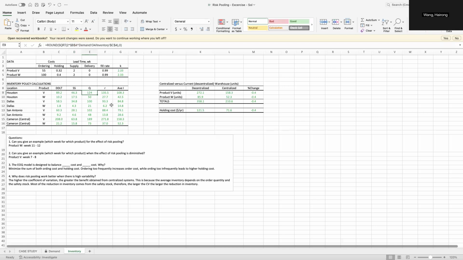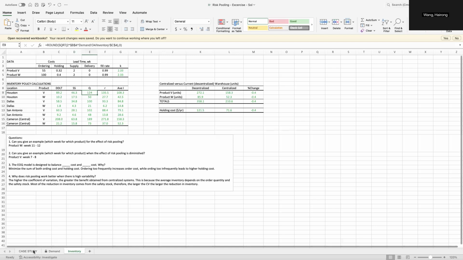Then we move to Q, which is the order quantity. Maybe some of you are not very familiar with this quantity, but I would say it's a very important quantity that we would like to quantify, especially when we have the information about the order cost, average inventory, and the holding cost.